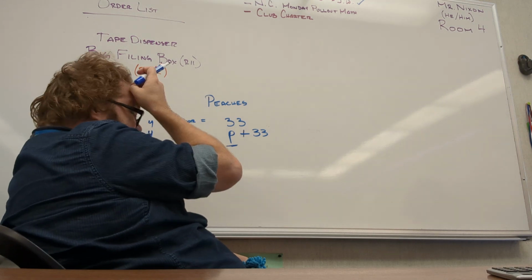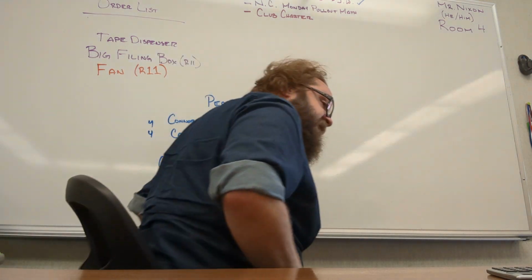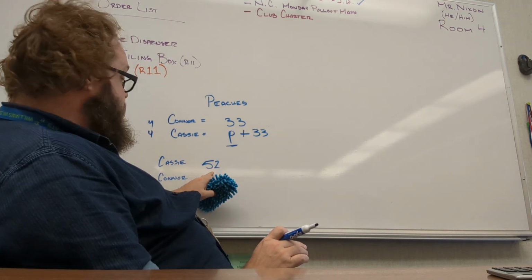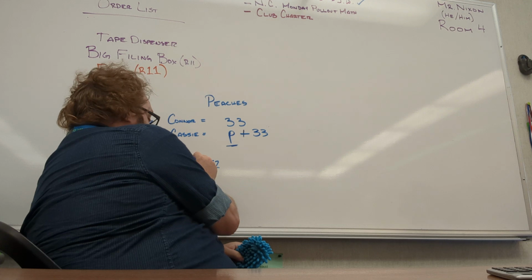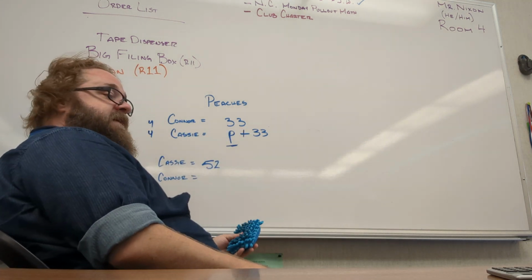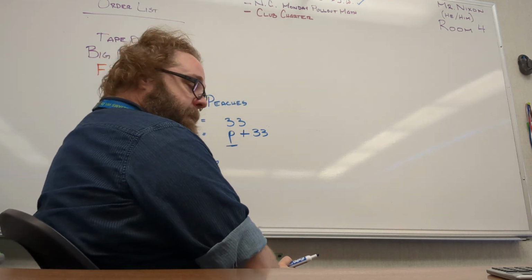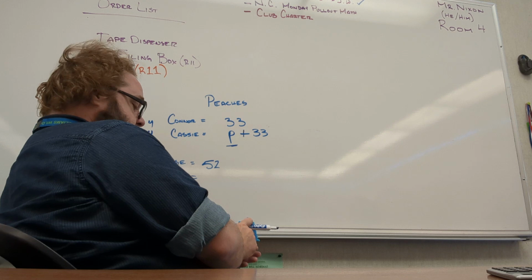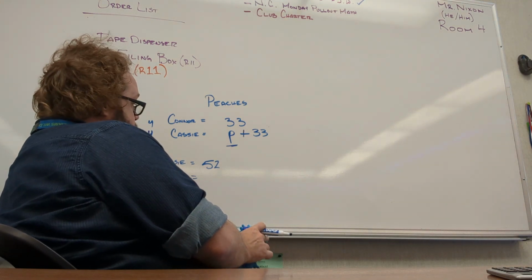But this is today. So Cassie sold how many? 52. So she started at 52, and we have to figure out how many Connor sold.